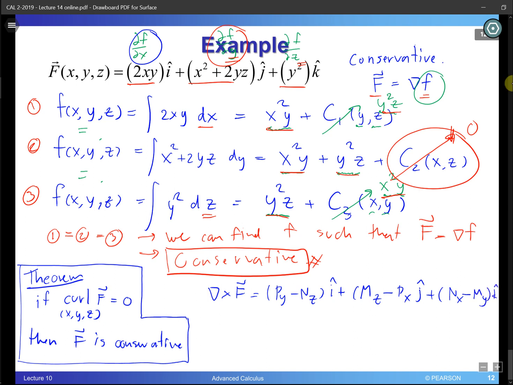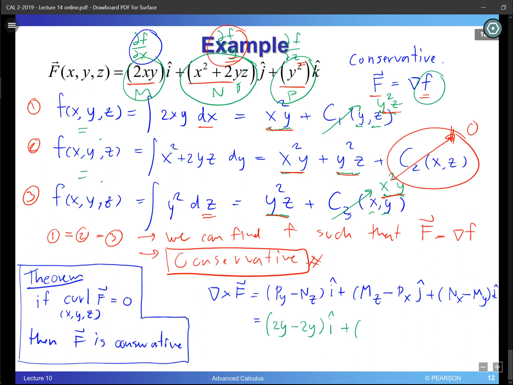Alright, we have M right here, N right here, and P right here. So let's find out. I want to differentiate P with respect to y. I get 2y out of that. I differentiate N with respect to z. I get 2y out of that. Right here, just 2y minus 2y, plus M with respect to z.